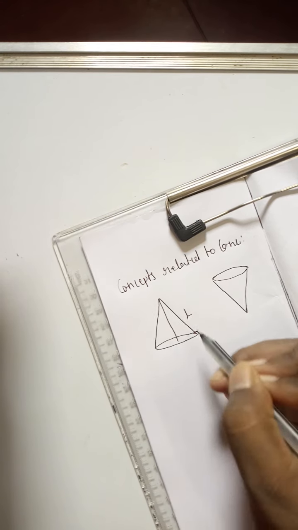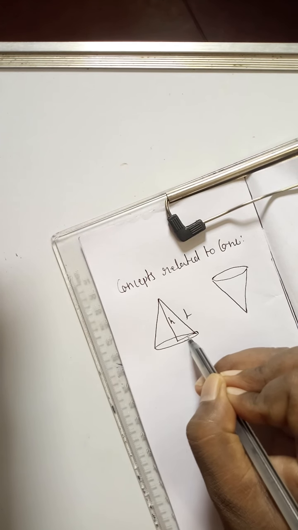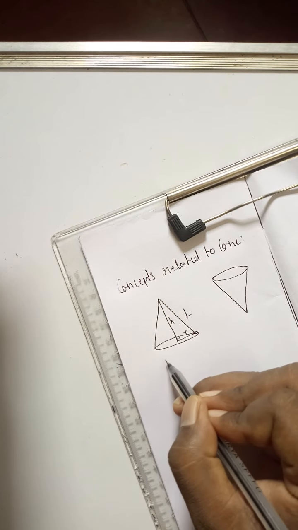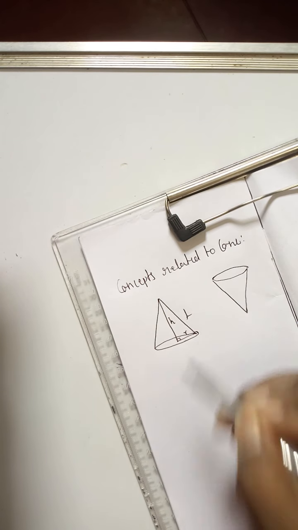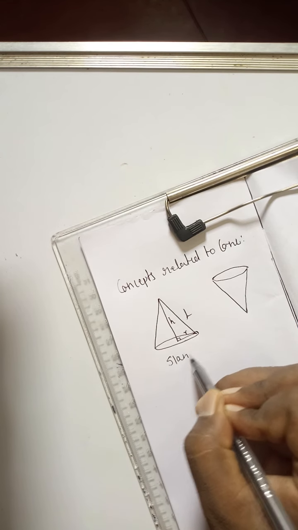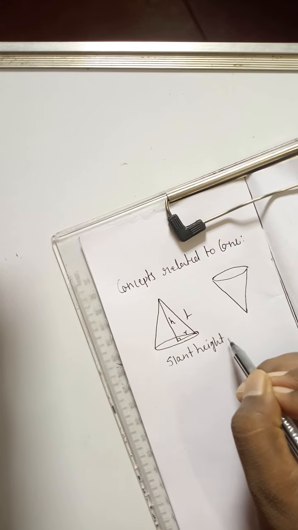This is the perpendicular height, denoted by h, and this part is its radius r. I repeat, this side is denoted by small l, which is also known as slant height.